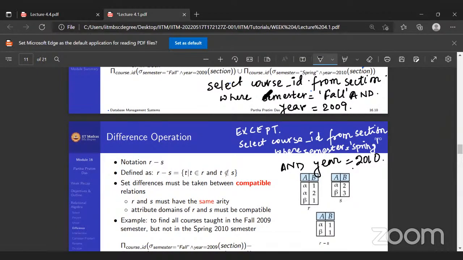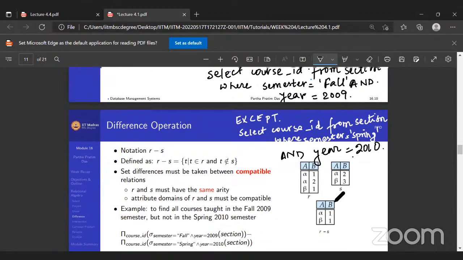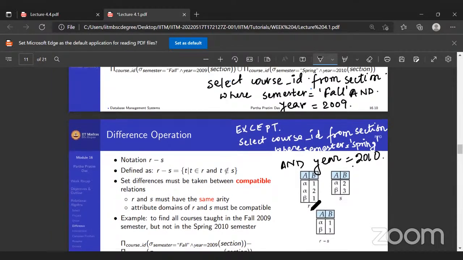So this is clear to everyone for how to write the SQL query.